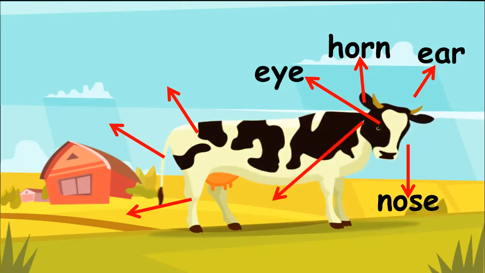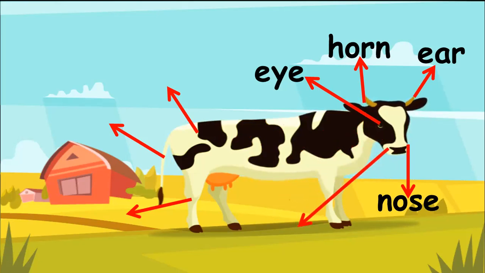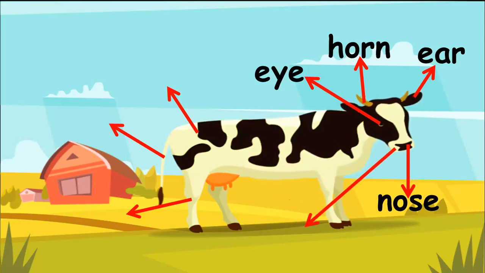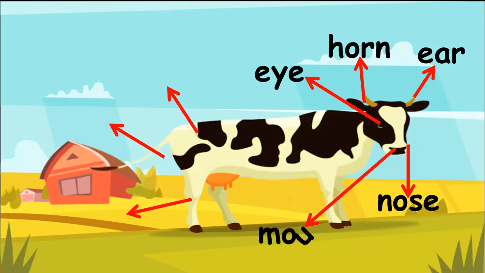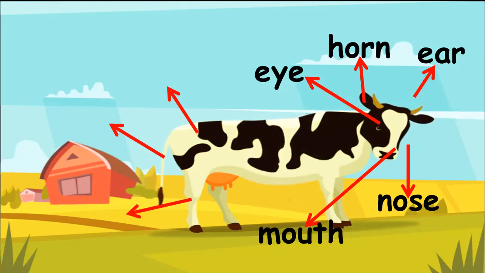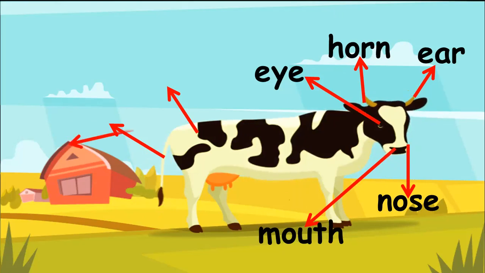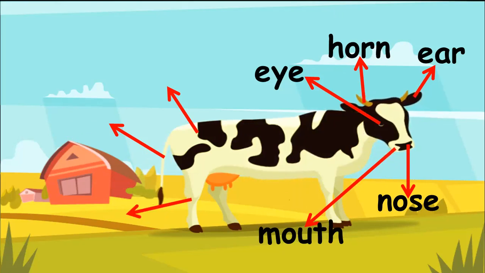And how about this one? What do you call this body part of the cow? Very good. It's a mouth. And how about this one? That's right. It's a leg.